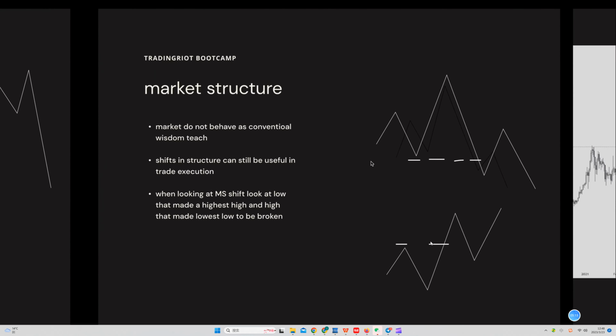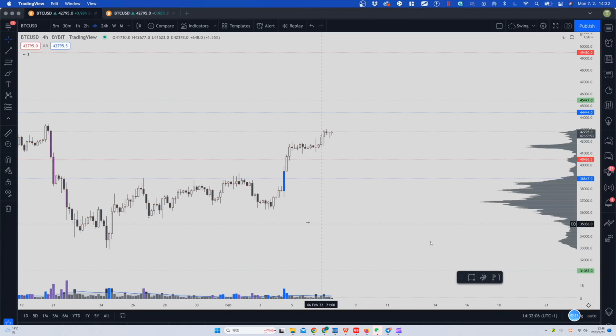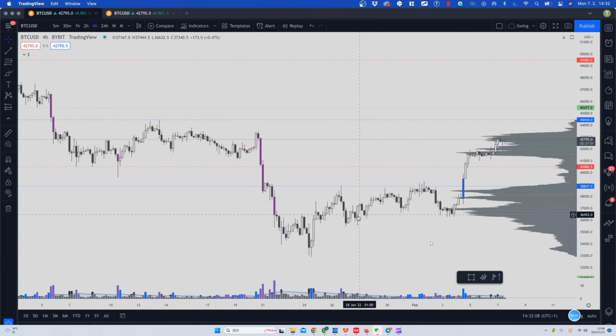So the market structure: markets don't behave as conventional wisdom teaches, obviously. If you take a look at any sort of textbook, you always have these perfect higher highs and higher lows, lower highs and lower lows in a downtrend. In reality, markets are not really like that.